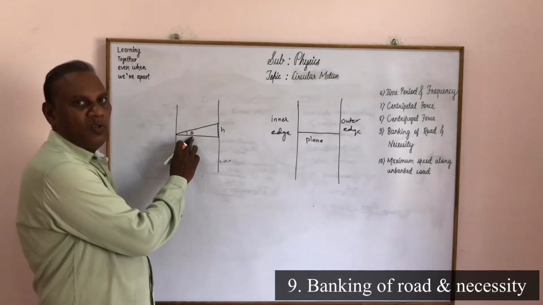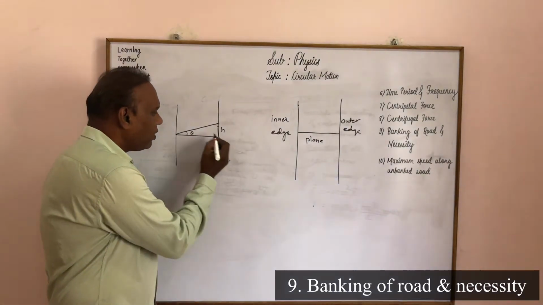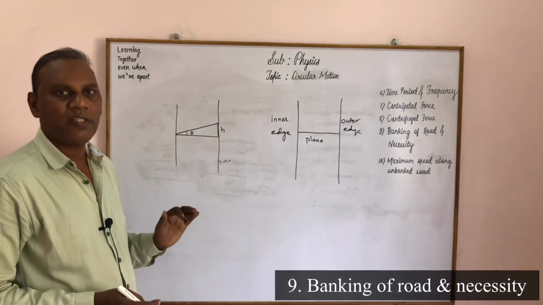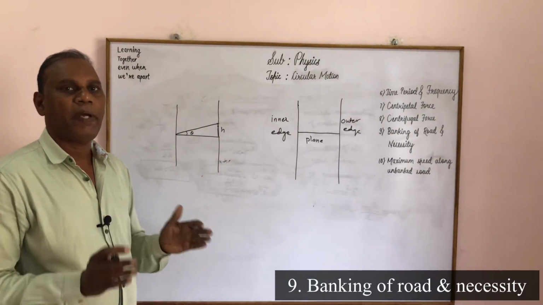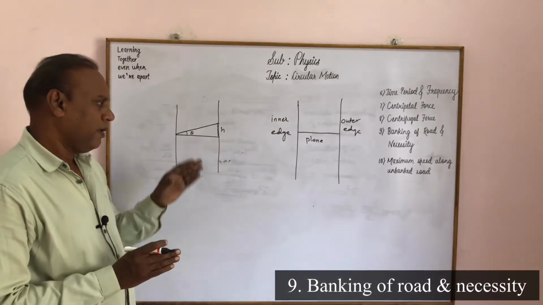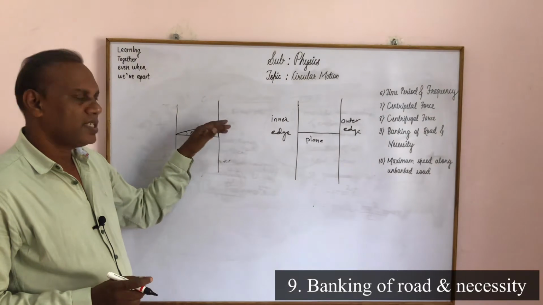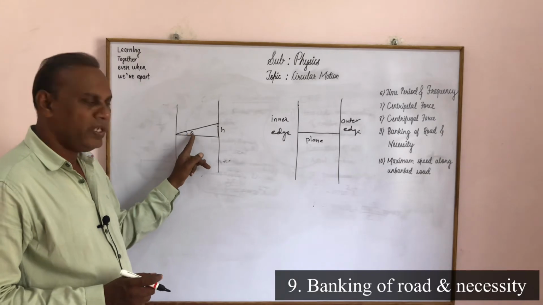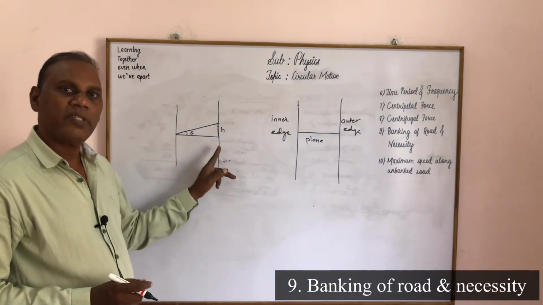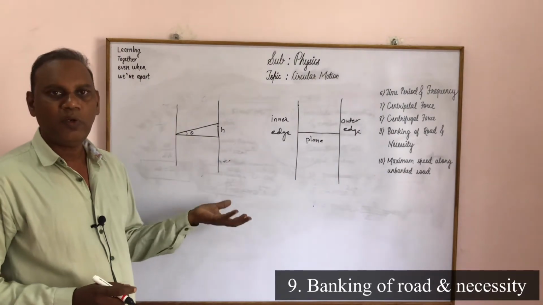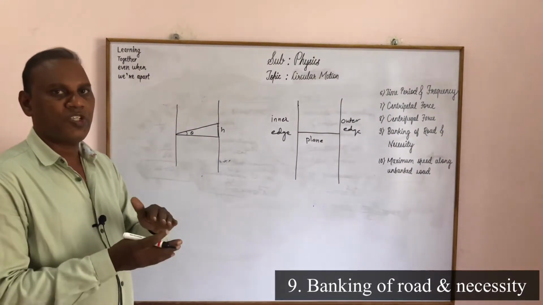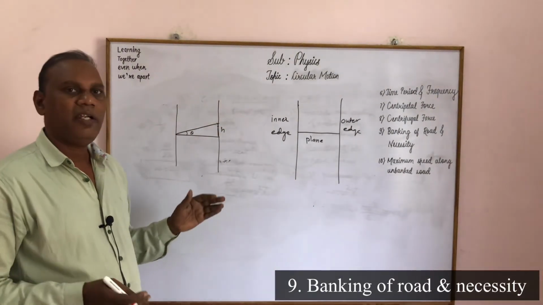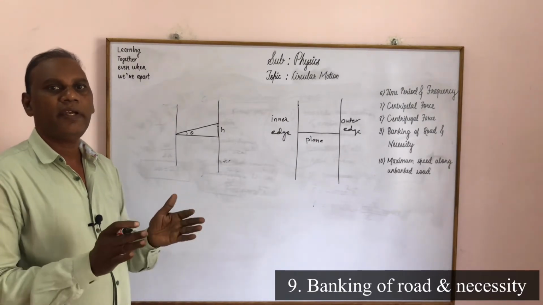The angle between the surface of the road and the horizontal is called the angle of banking or banking angle.